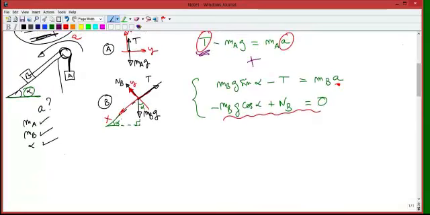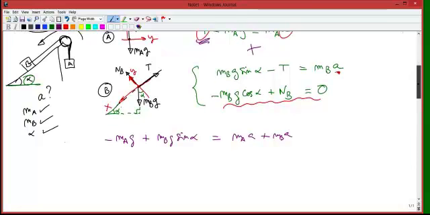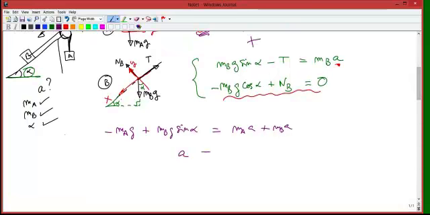We end up with negative MAG plus MBG sin alpha, and this will be equal to the sum of MA A plus MB A, which leads to solving for A being equal to MB sine alpha, there is a G common to both so I can take it out, minus MA, and I divide again by the total inertia.